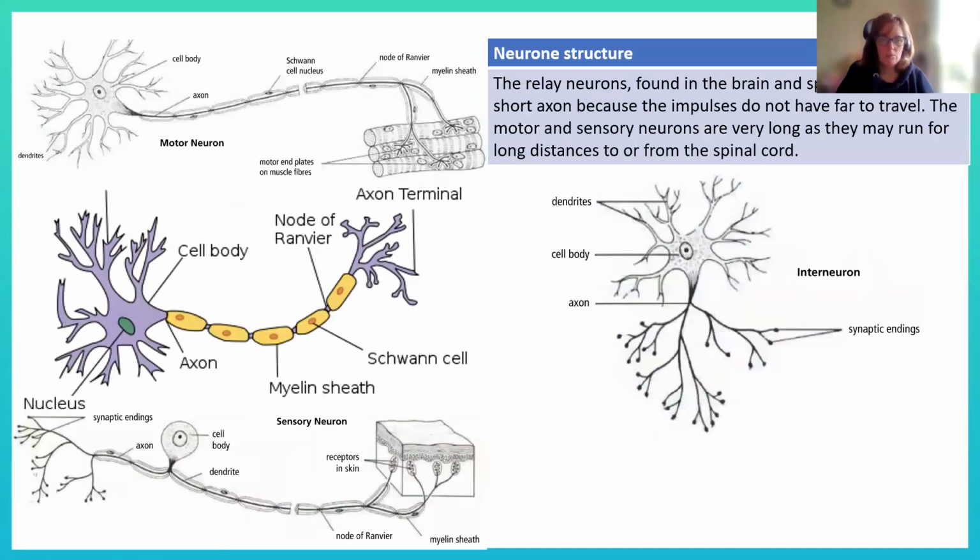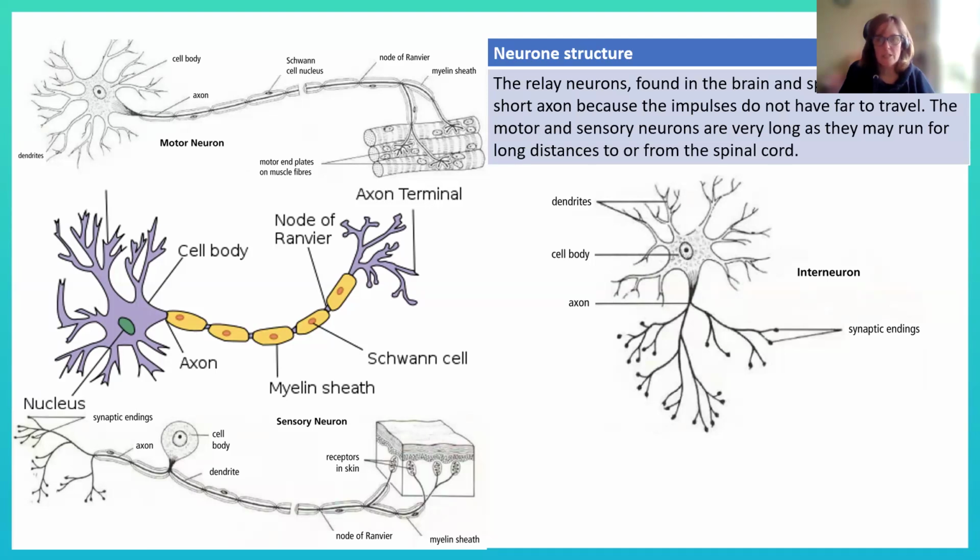So there's our generalized neuron in the middle there. Here's our motor neuron going to the muscle that we just looked at, our sensory neuron with the sensors at the end, and our relay neuron, which some people call an interneuron, because we like to have 5 names when one would suffice, don't we? So interneuron just means like in the middle. Relay neuron I like because it relays the message.